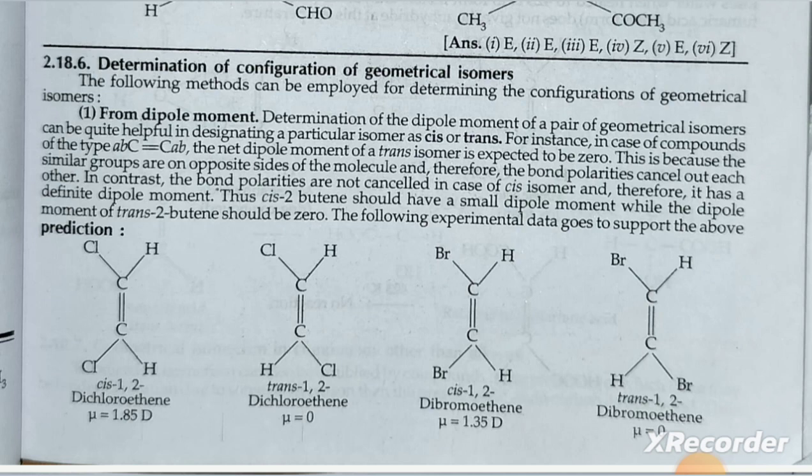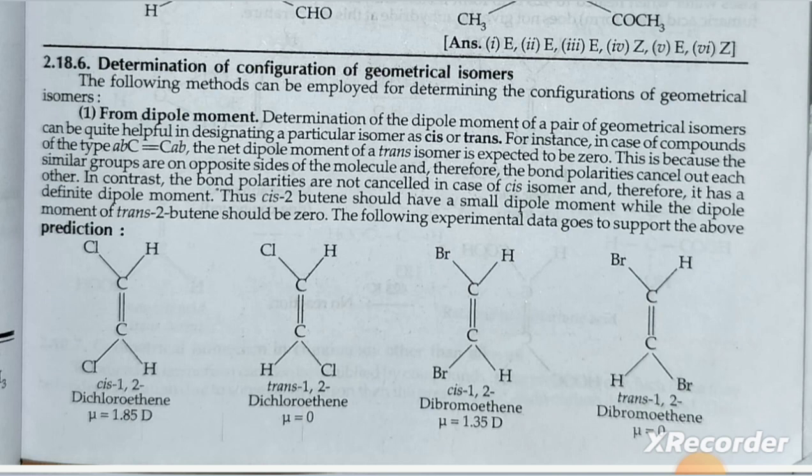This is because the similar groups are on the opposite side of the molecule and therefore the bond polarities cancel each other out. In contrast, the bond polarities are not cancelled in the case of the cis isomer and therefore it has a definite dipole moment. Cis-2-butene should have a small dipole moment while the dipole moment of trans-2-butene should be 0.